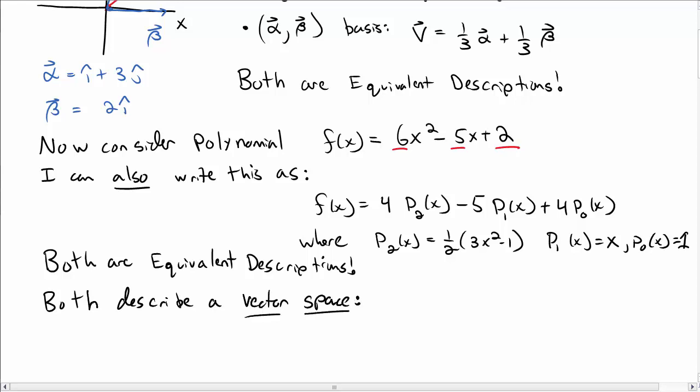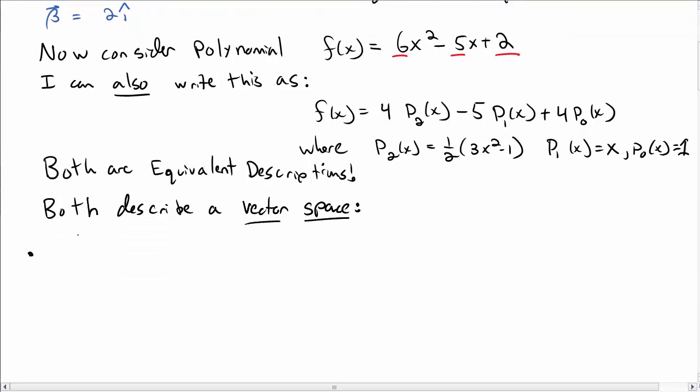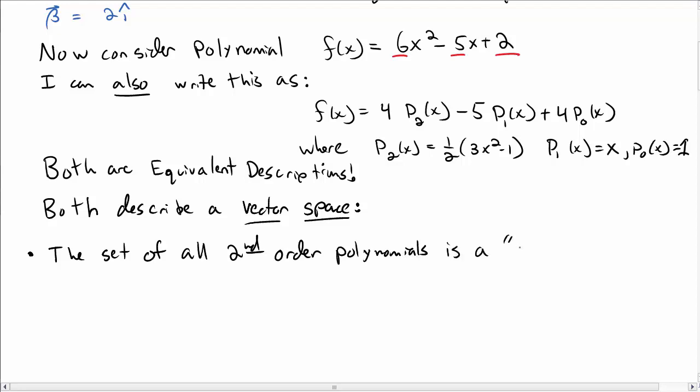A vector space doesn't just have to mean vectors in the traditional sense. In particular, what we're arguing is that the set of all second-order polynomials is what we're calling a vector space, in that it behaves a lot like vectors normally would.